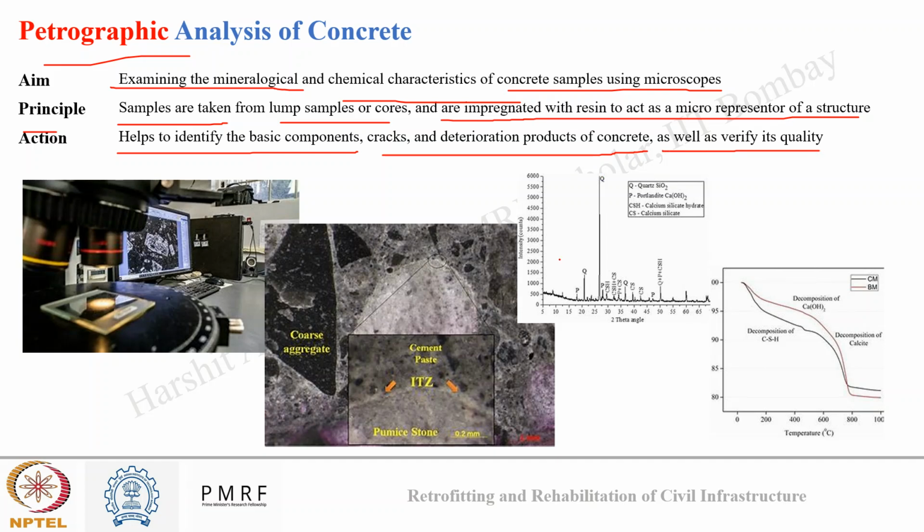Okay, so in the images, one can see different types of results being accomplished from petrographic analysis using high power microscopy and diffraction instruments. So you can see some small concrete sample being collected and analyzed using a high power microscope. How we can visualize those samples at a much smaller level, and further how we can study the structure or the composition of those samples also.